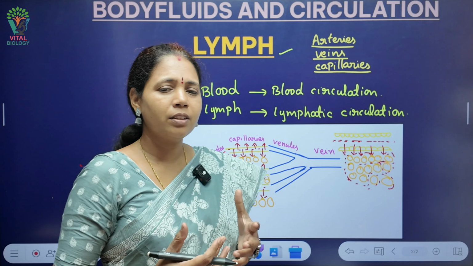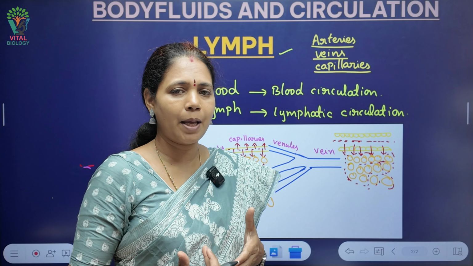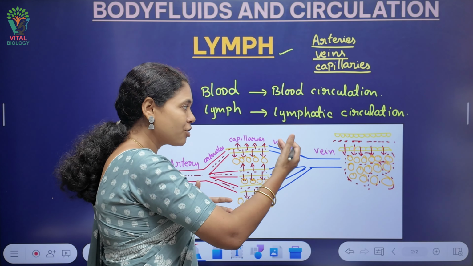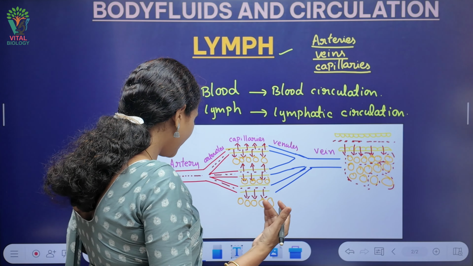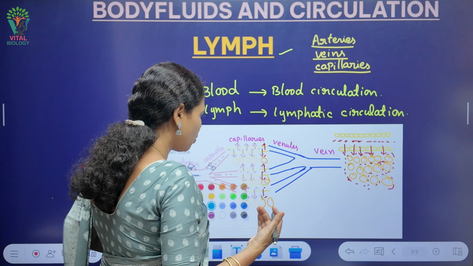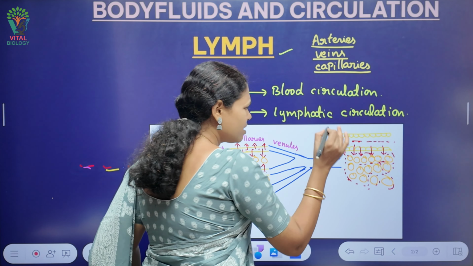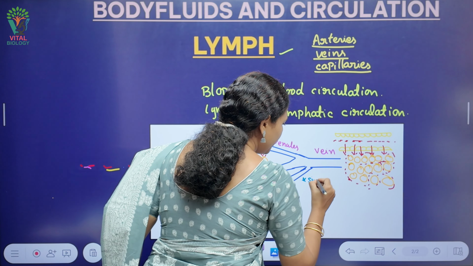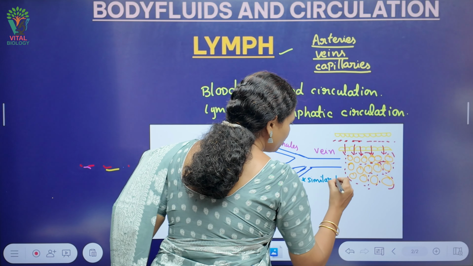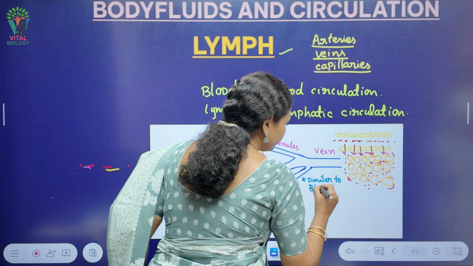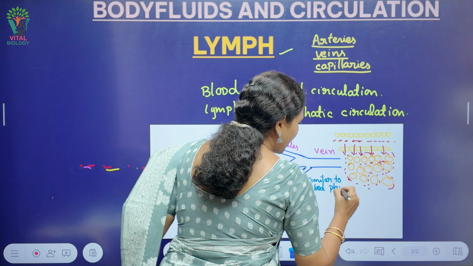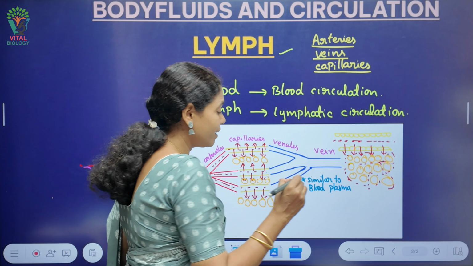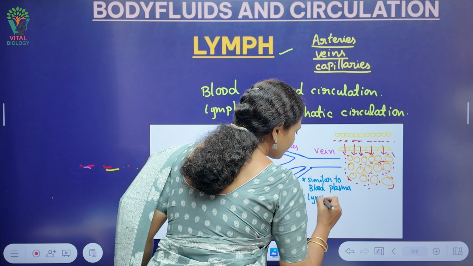So what exactly does the fluid which leaked from the capillaries contain? It is similar to blood plasma. It consists of specialized WBCs which are called lymphocytes.